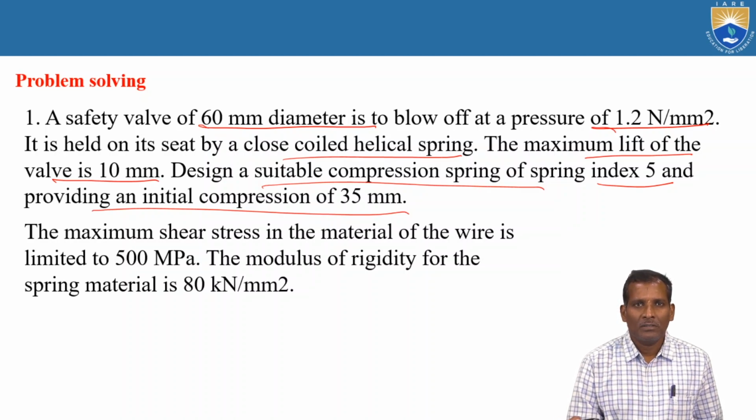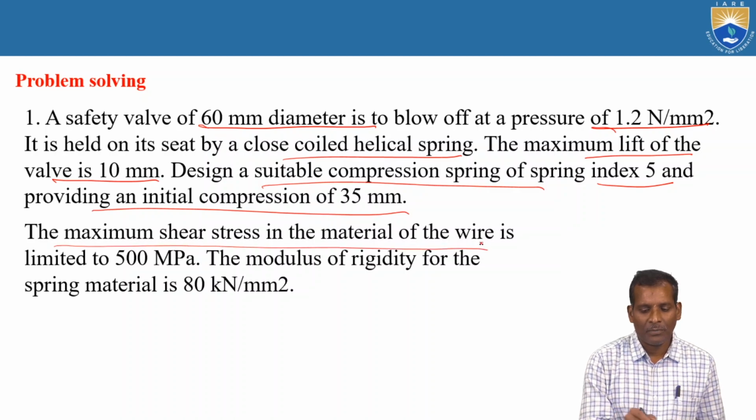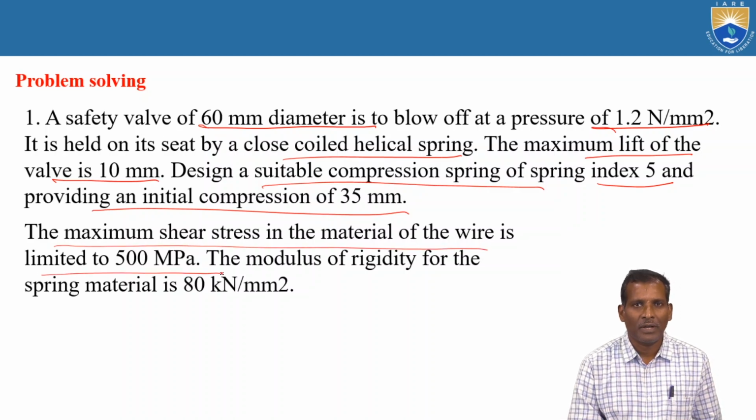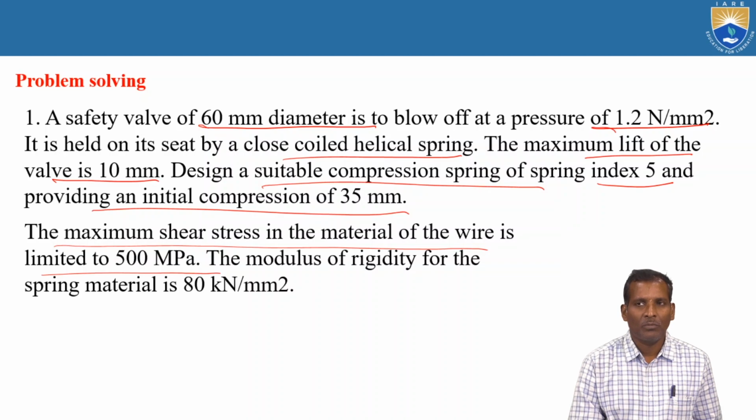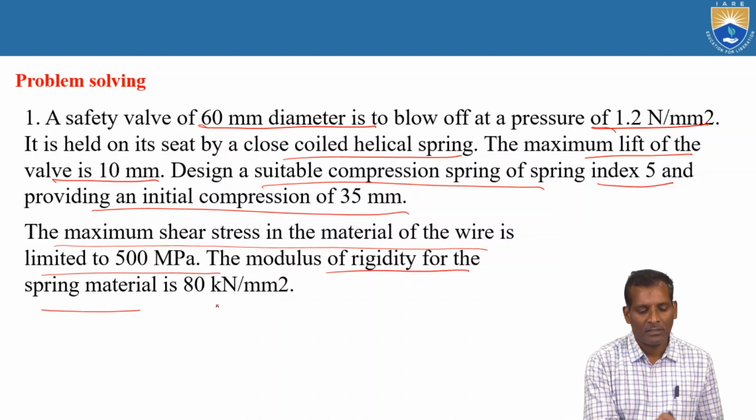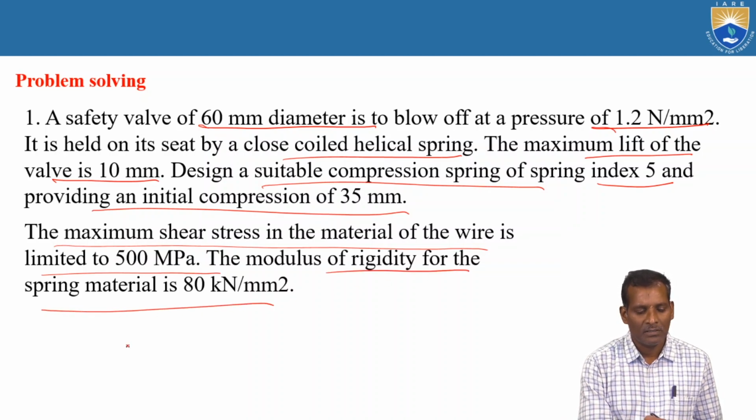Here you have to design the spring for a safety valve. The maximum shear stress in the material of the wire is given as 500 megapascal. The modulus of rigidity, that is G, of the spring material is 80 kilonewton per mm square.